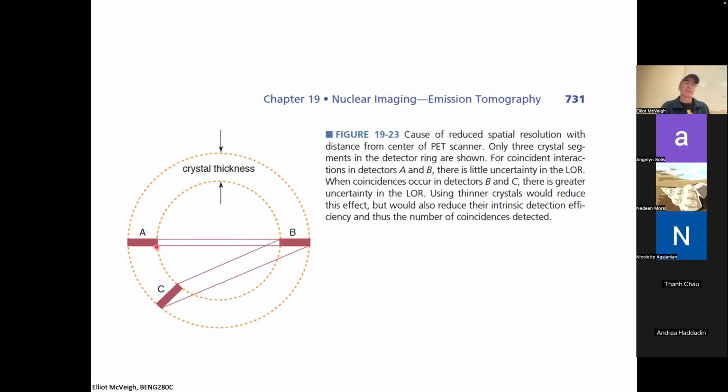So that's the highest variability of that line of response angle. If my event is off center, then it will come and hit the detector from the side. And so the detector has a wider acceptance window for that photon, and that creates a larger width of uncertainty for where the line of response is. So that's as we move away from the actual center of the detector array.